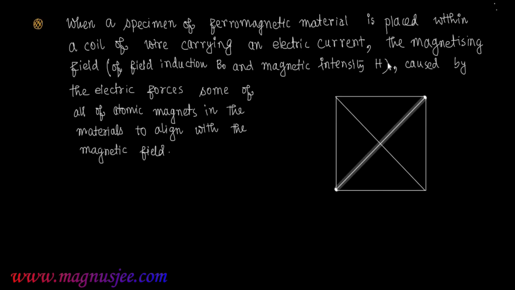We can divide ferromagnetic material or substance into four domains.